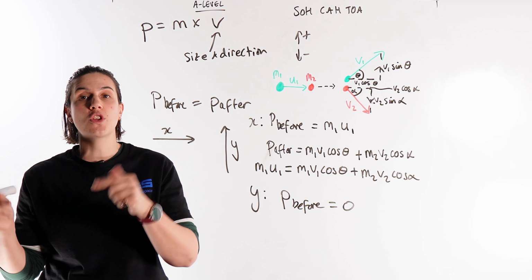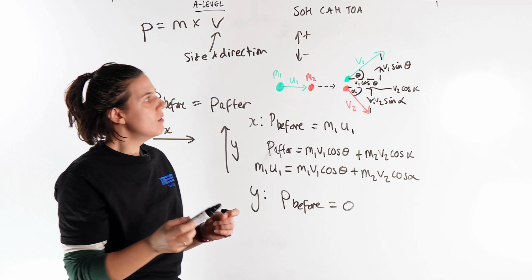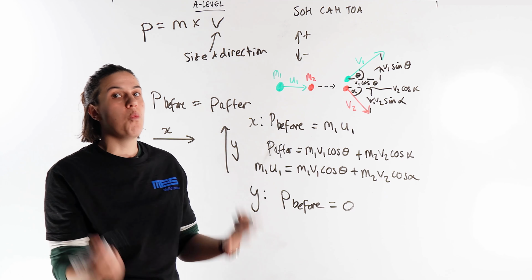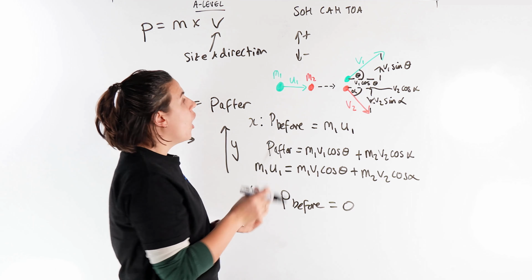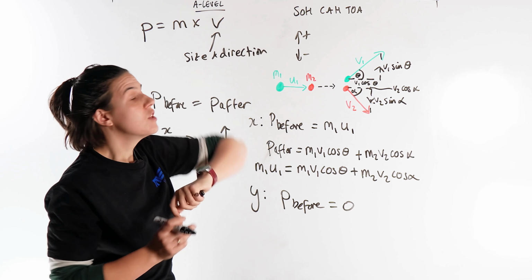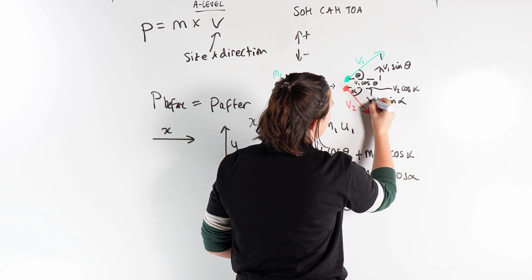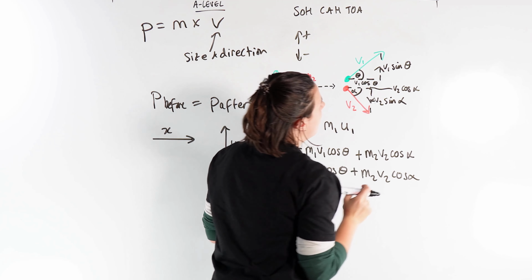Because if you look at my components of velocity here, one's going up, one's going down. So actually, they're going to be going in opposite directions. So I can give one of them a negative sign. I normally say that upwards is positive, downwards is negative. So I'm going to give this one a positive sign, and I'm going to give this one here a negative sign.